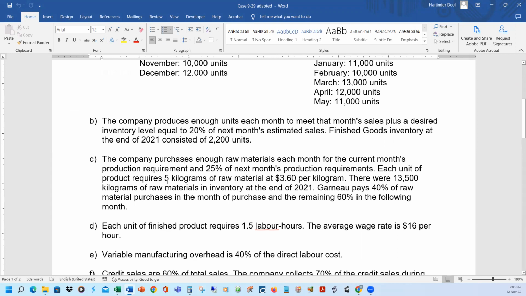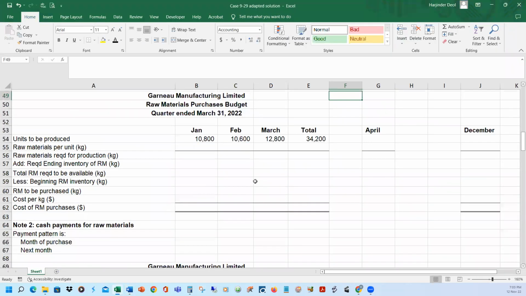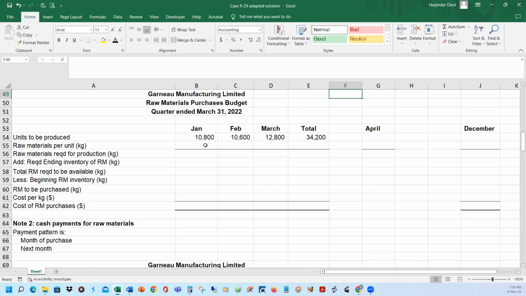But first, we must calculate how much of the raw materials we need. So each unit needs 5 kilograms of raw material. So for the units that we must produce in January, 10,800 multiplied by 5 kilograms, we will need 54,000 kilograms of raw materials just to produce the number of units required for January.